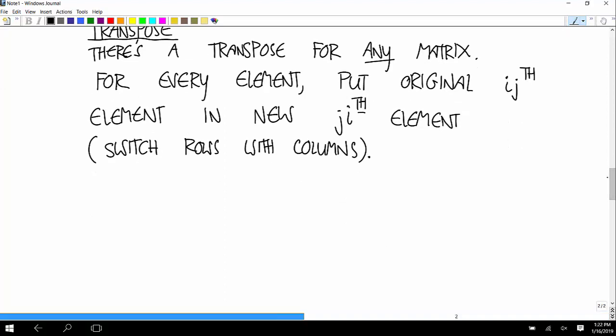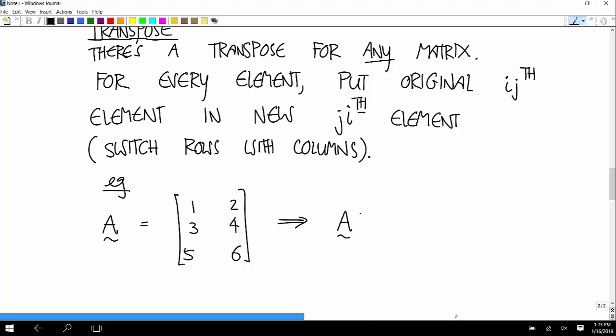Okay, so for example, if you have a matrix A that's equal to 1, 2, 3, 4, 5, 6, then the transpose of that matrix, we denote that A with what looks like an exponent of capital T. It's not an exponent, it's just a symbol saying it's an operation.